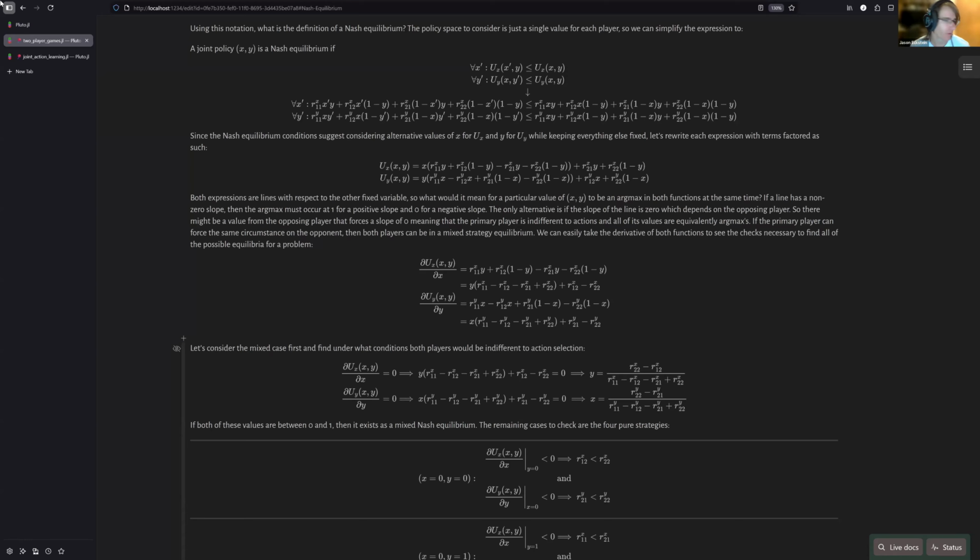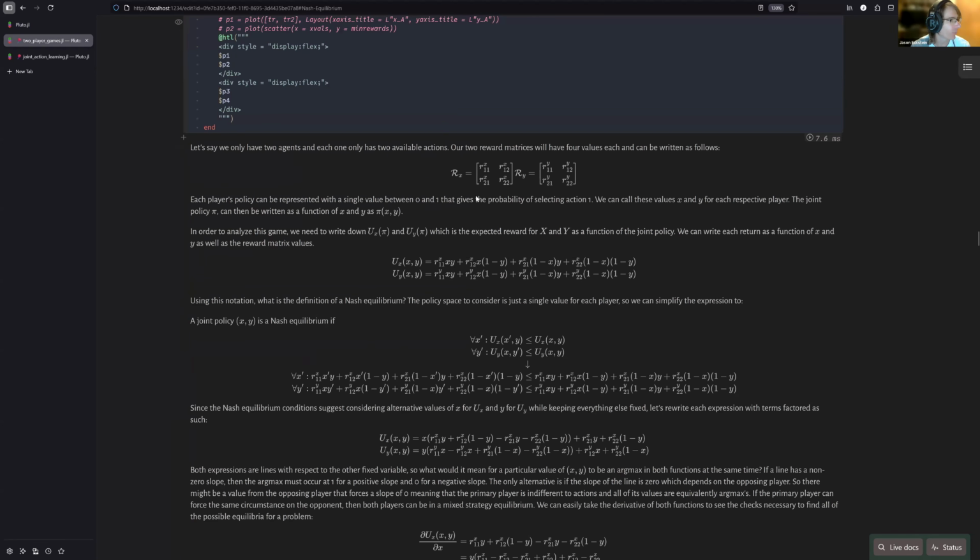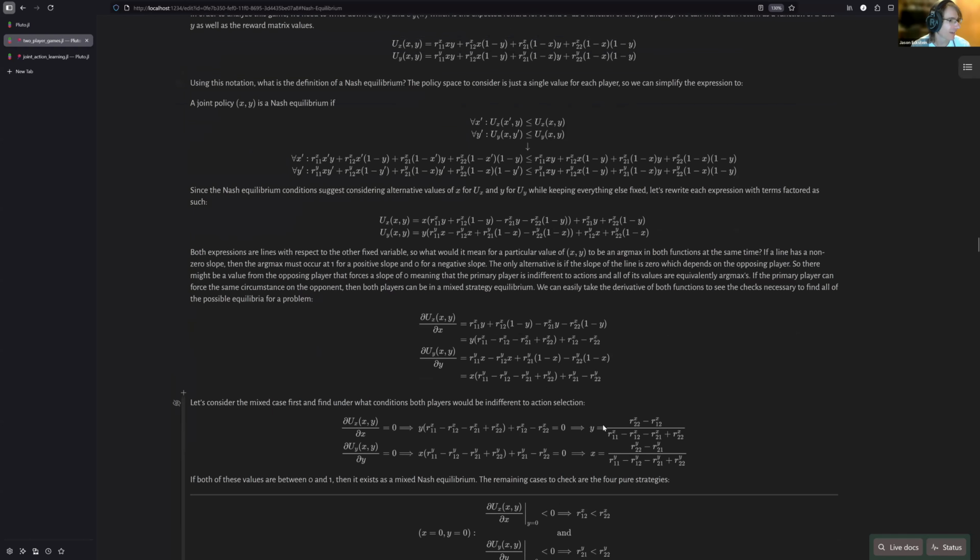Yeah, it turns out that the pure equilibria are not hard to find. The things that are problematic are when you do have a true stochastic equilibrium, and you have to make sure that you actually have a way of converging to it. So, for this simple problem, we can actually just calculate x and y directly.